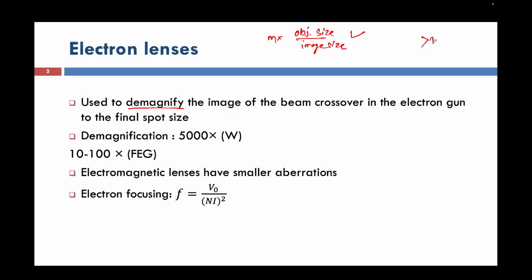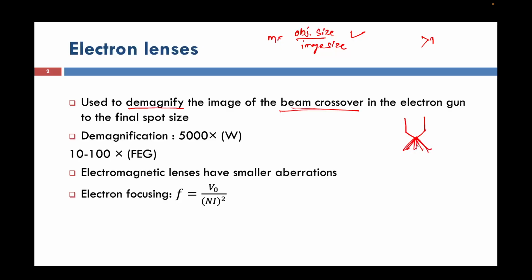So demagnification means the electron lenses that we are using, and the beam crossover. Here is a term called beam crossover. Let's say here my electron gun is there, and it is producing electrons.